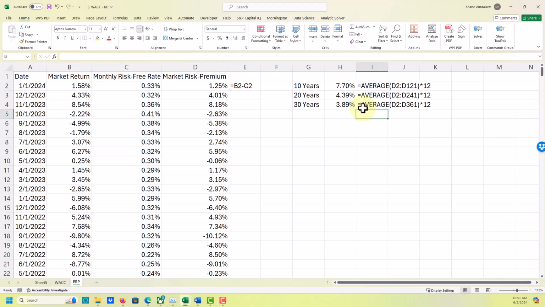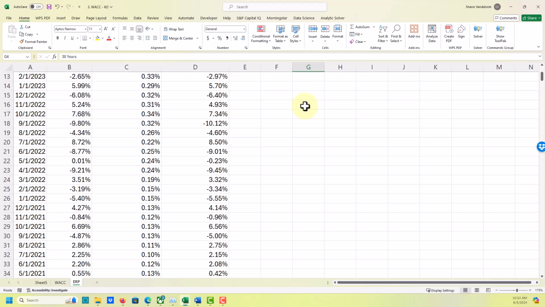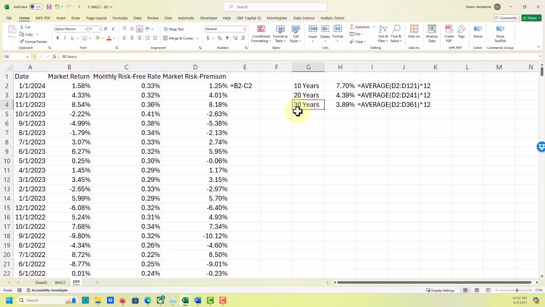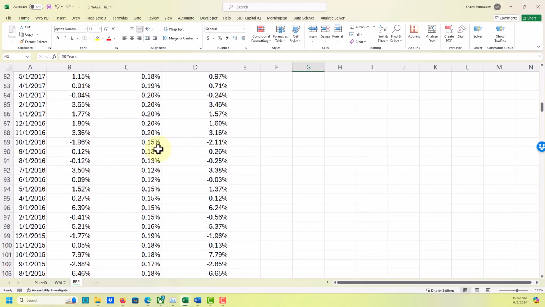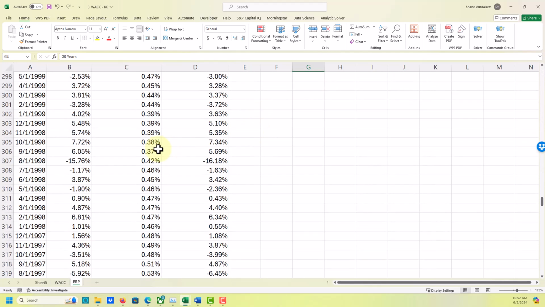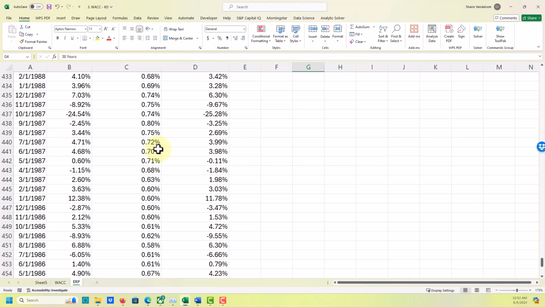So let's think a little bit about what's happening here. This 30 years is going to go back to 1994. And we had in the late 90s, I'm just going to scroll down here so you can see, the late 90s, we actually had fairly high risk-free rates.